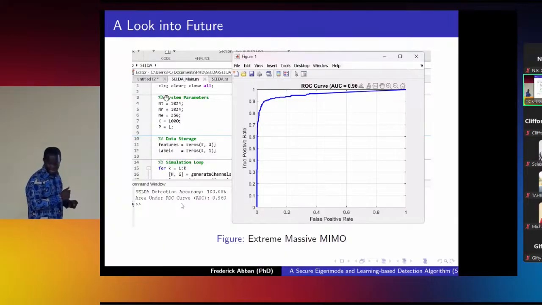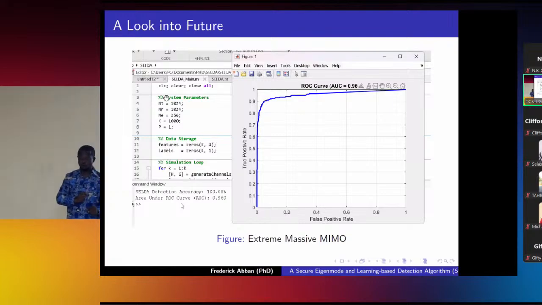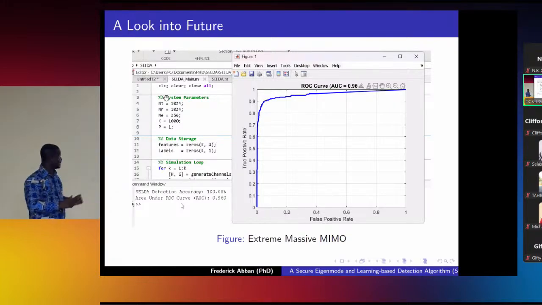And so if those of you online might see it better, but over here I have 1,024 transmitters and 1,024 receivers, just like I said earlier on, just to move into the futuristic zone. But the good thing is that it performed at 0.96, which is also quite good.